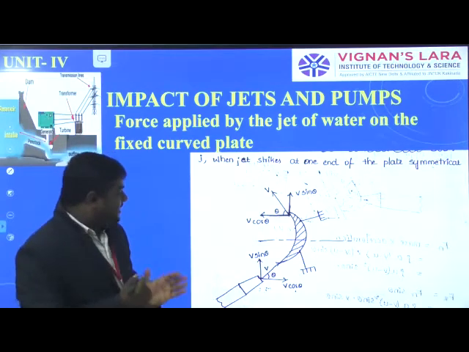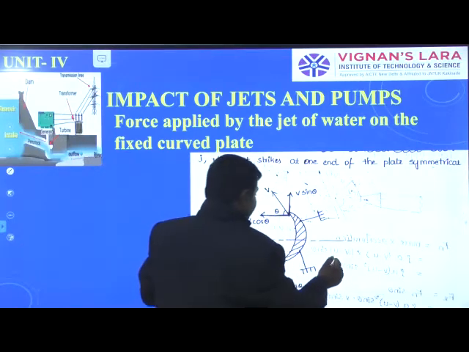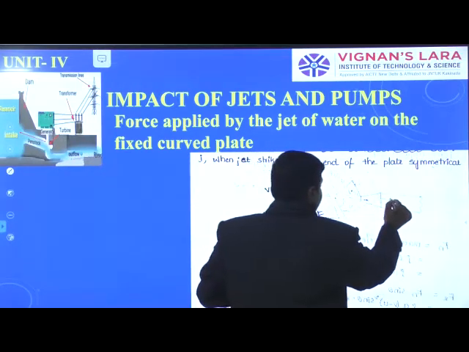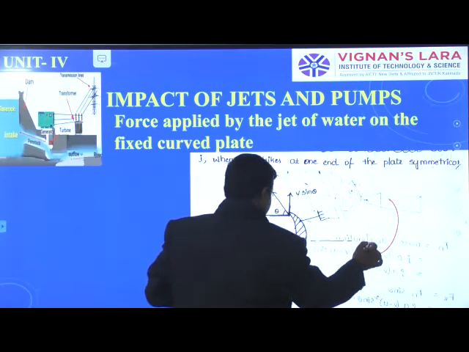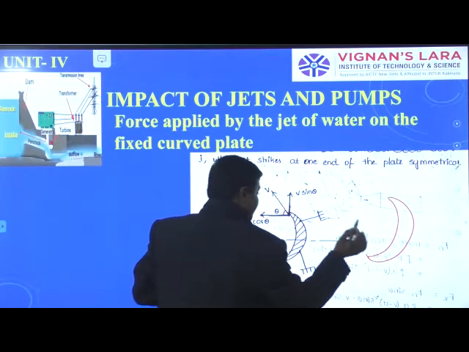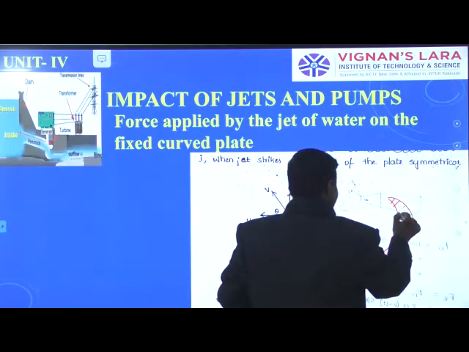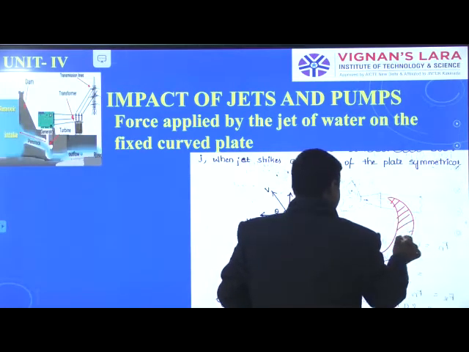We have taken here the fixed curved plate. The curve is here. I will explain this clearly.